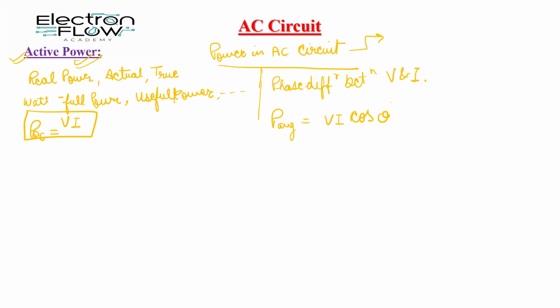Further, in AC circuits, when the circuit is purely resistive, the same formula is used for power as in DC. Basically, the formula is P equal to VI. So this is the real power formula for DC, and this is for single phase AC circuits.